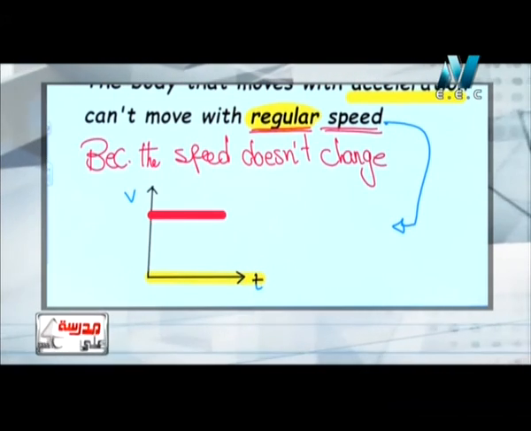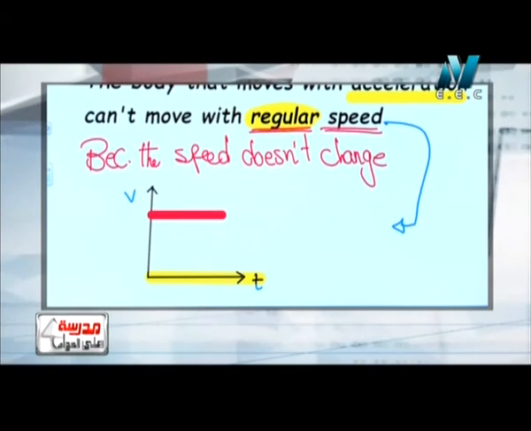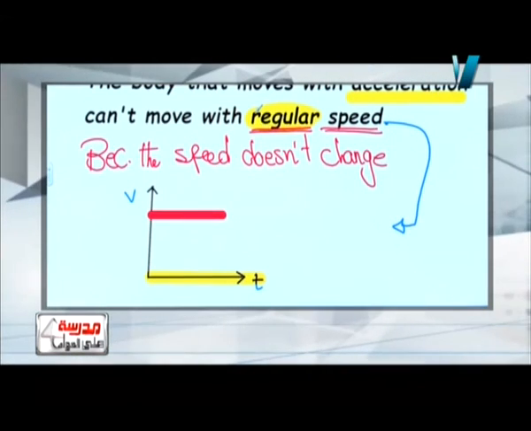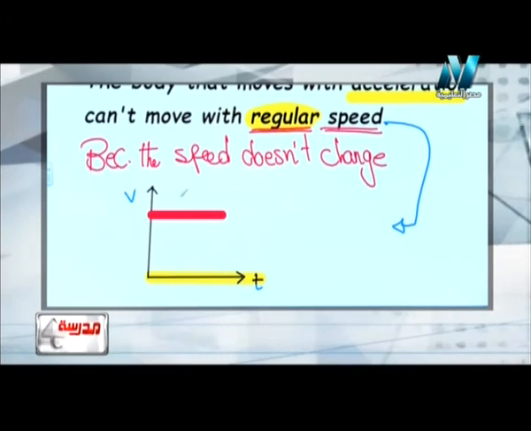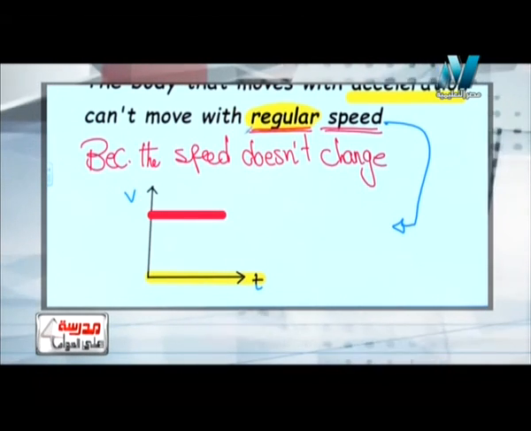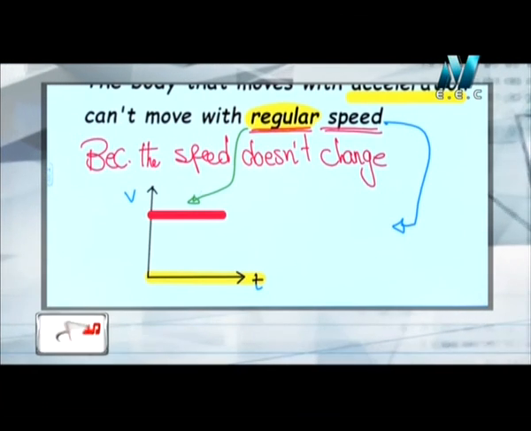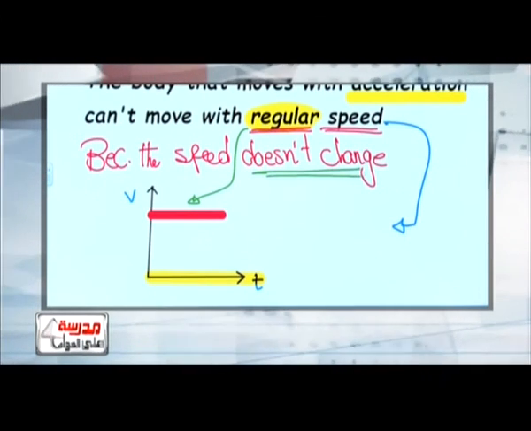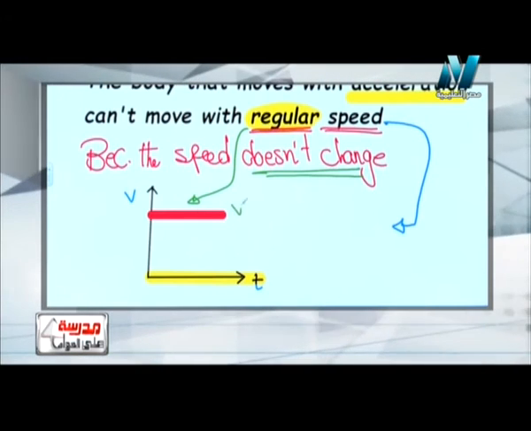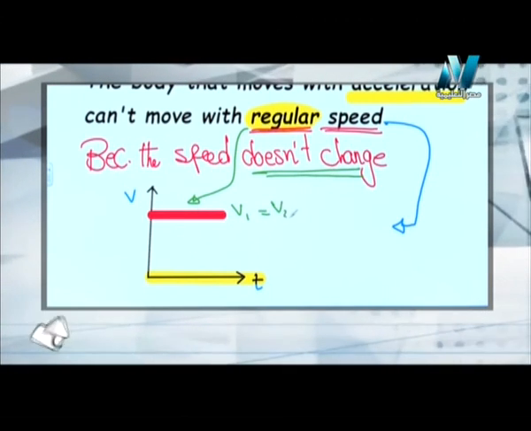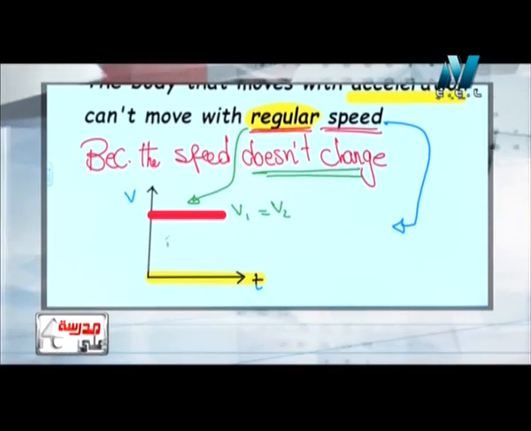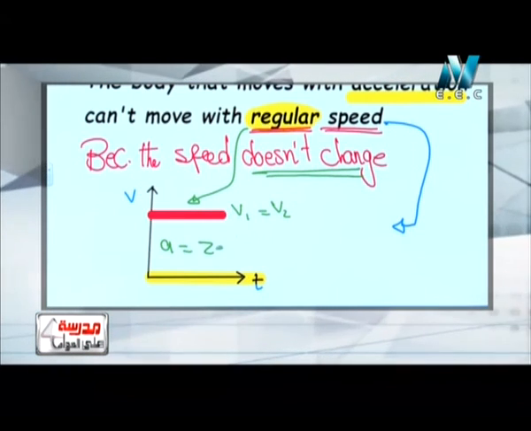In this case, this graph represents two facts. بيدل على حاجتين. Number one, regular speed because the speed doesn't change. V1 equals V2. So acceleration equals 0.